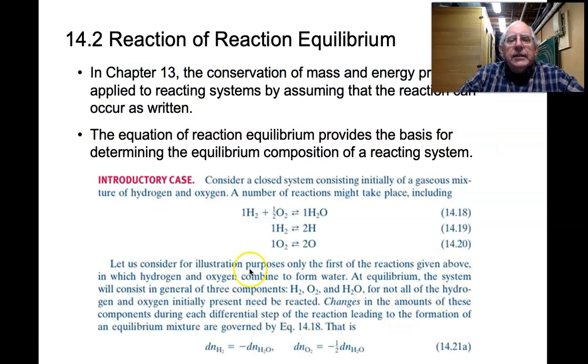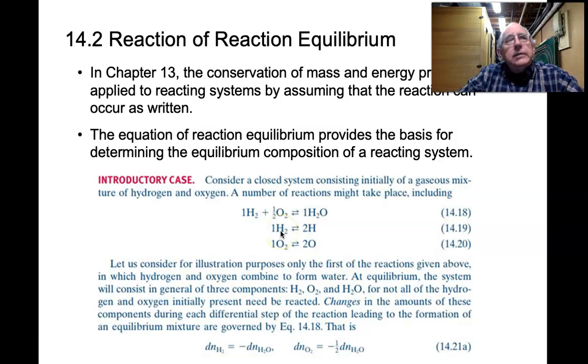If we came back to these three equations here, if we have a d epsilon that's positive, it says that in this first reaction, hydrogen and oxygen are disappearing as water is appearing. If we have a positive epsilon for the second equation, it's telling us that monatomic oxygen is increasing at the expense of diatomic hydrogen.